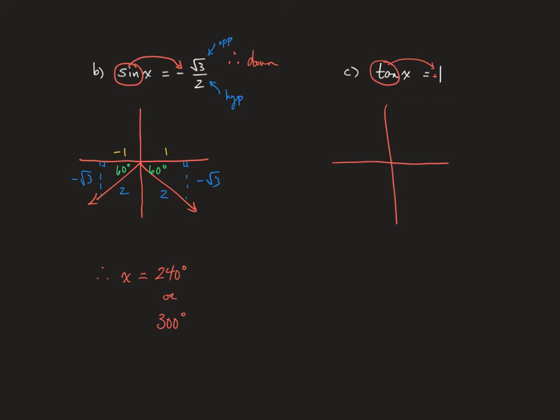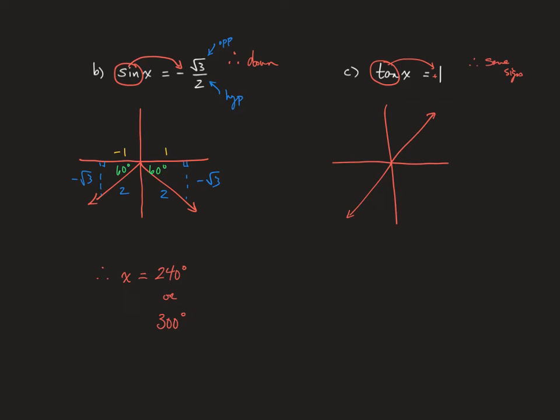Opposite and adjacent can both change signs. So therefore, I need to go to the quadrant where I have the same signs. That's going to put me into quadrant 1, where they're both positive, and quadrant 3, where they're both negative. So right and up, or left and down.